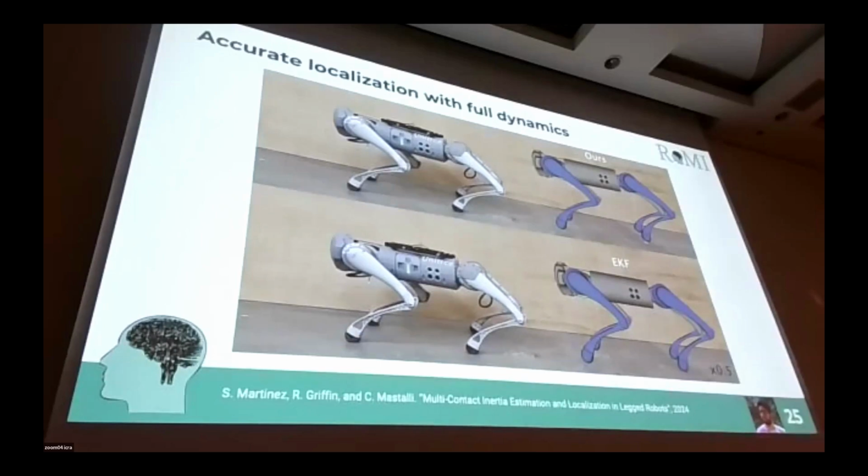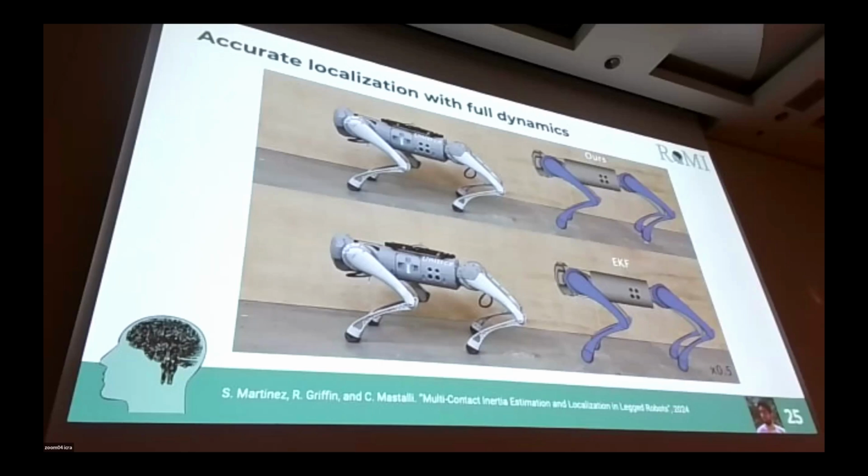But did you include the fact that you have contact and no contact? Yes, of course. We include that. But Pronto works really well when you always have at least one contact. When you're in a flying phase, a kinematic model cannot do anything to really predict the behavior of the robot well. Okay. Have you also tried to compare with a dynamic model? Yes, we use the dynamics in our approach.